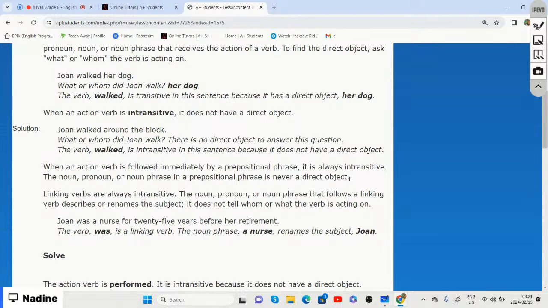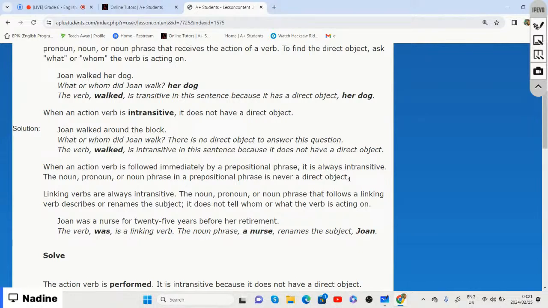For example, Joan walked around the block. So we ask ourselves, what or whom did Joan walk? But we cannot answer that because there is no direct object. It was just Joan walking around the block.